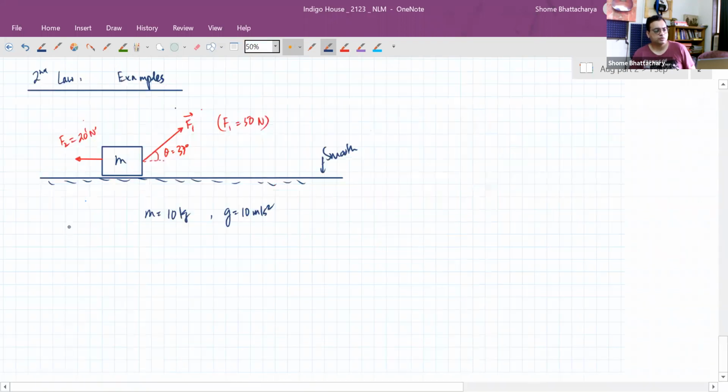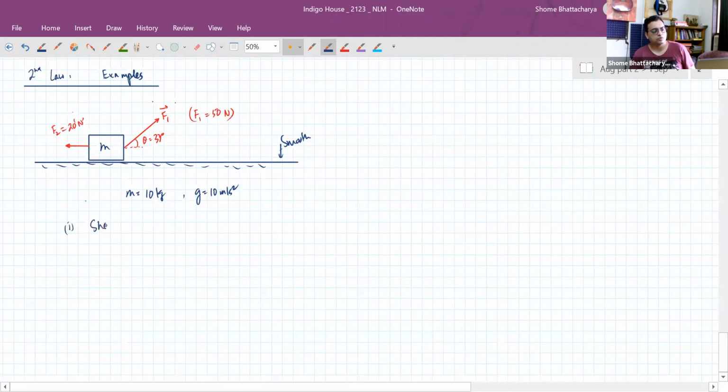So first of all, what we want to do is show in a vector diagram all forces acting on the above block.